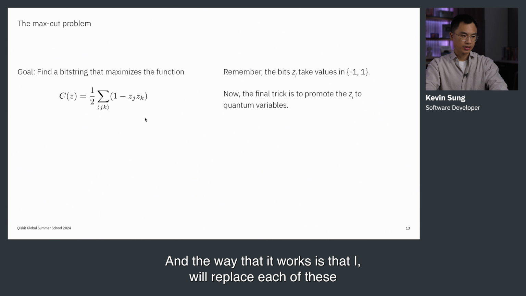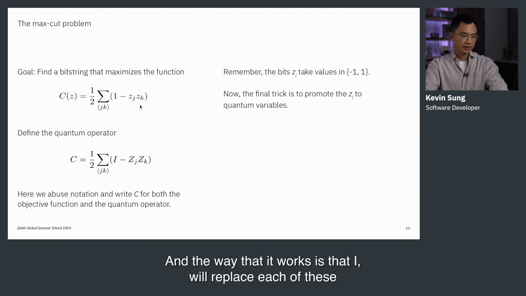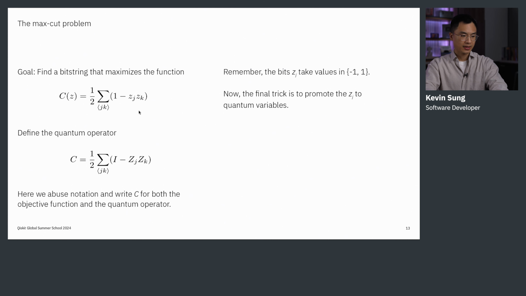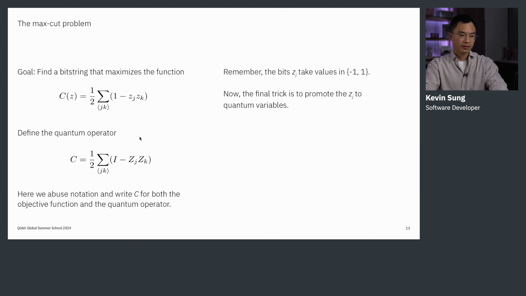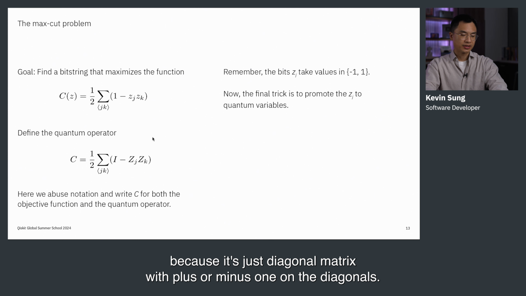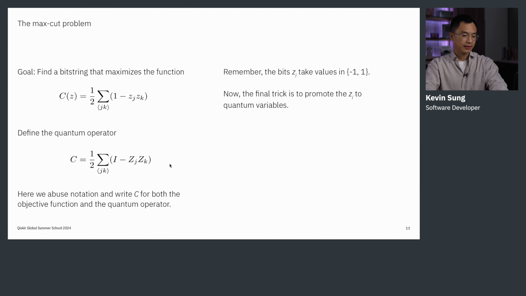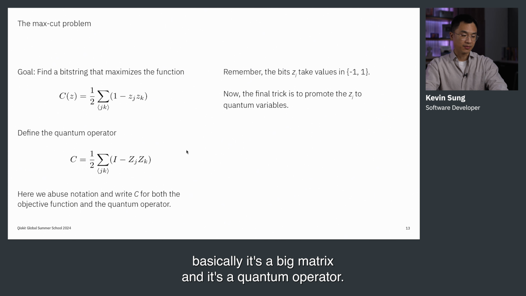The way that it works is that I will replace each of these plus or minus 1 variables, which I notated with z, with the Pauli Z operator, which is similar to a plus or minus 1 variable because it's just a diagonal matrix with plus and minus 1 on the diagonals, right? And if I do that in this expression, well, the Pauli Z is a matrix, which means that this becomes an operator. Basically, it's a big matrix, and it's a quantum operator.